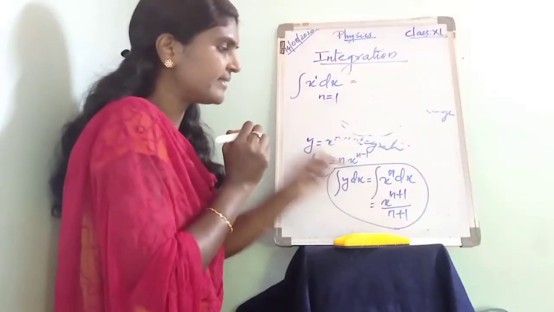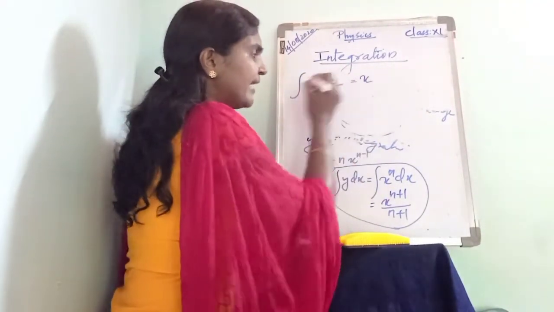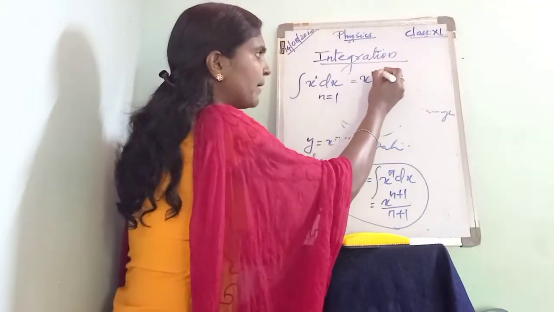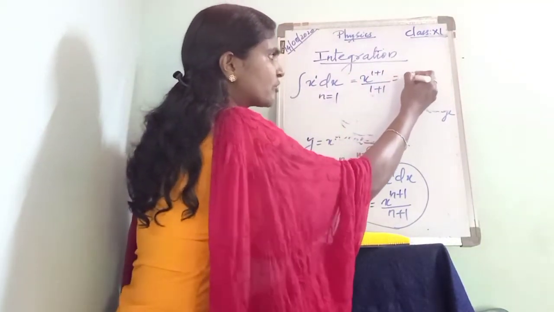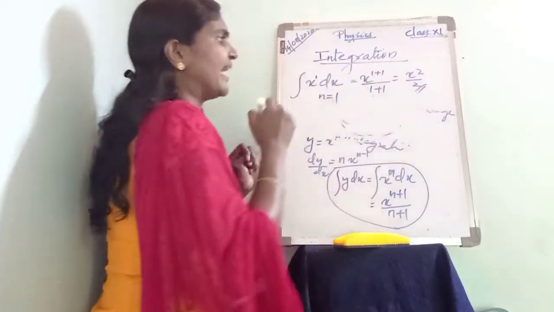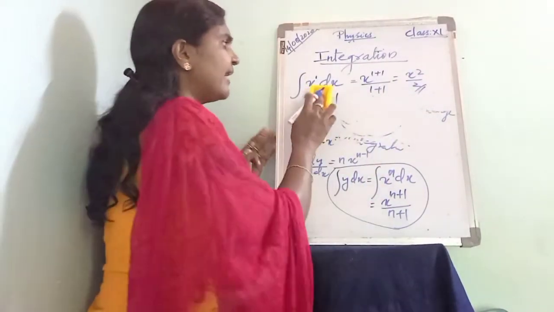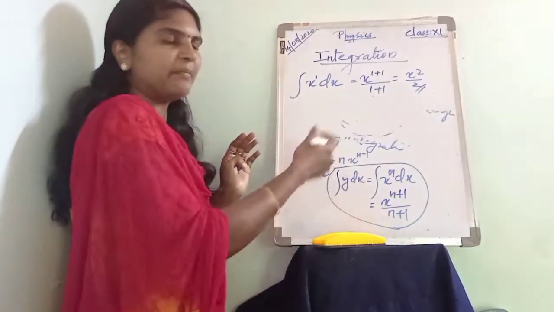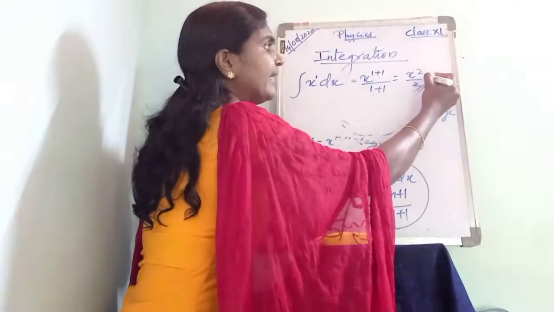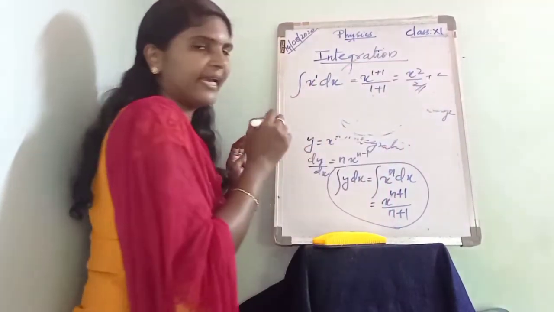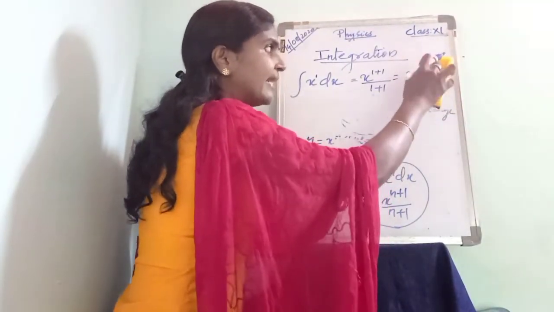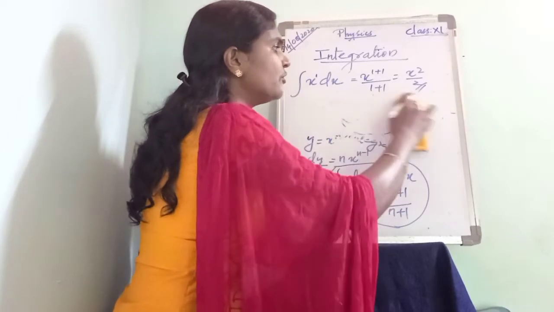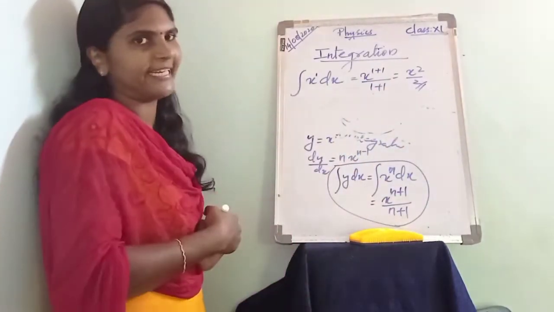Then x raised to 1 plus 1 divided by 1 plus 1 is x square by 2. That is the value of integral x dx. In maths we add a constant of integration, plus c, but here we ignore it. It is actually there, but in physics we don't need to add this constant of integration.